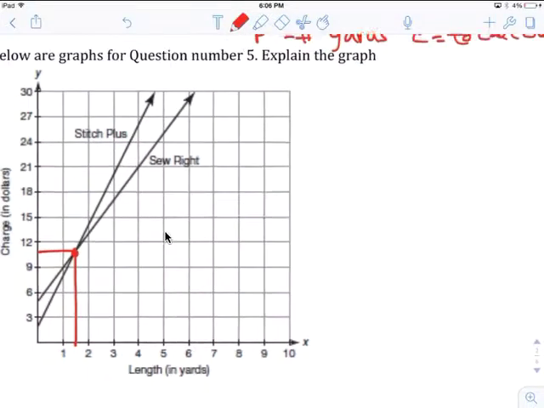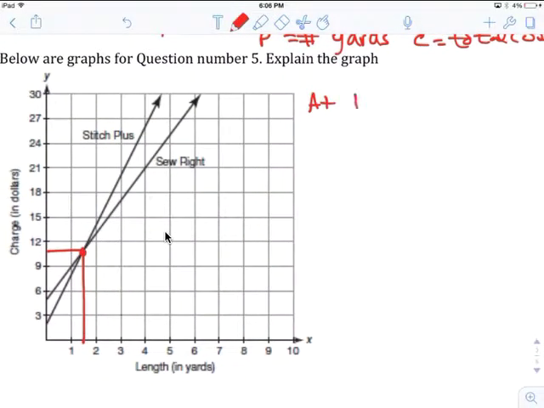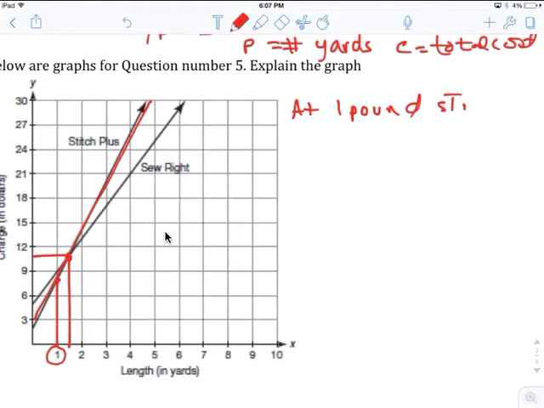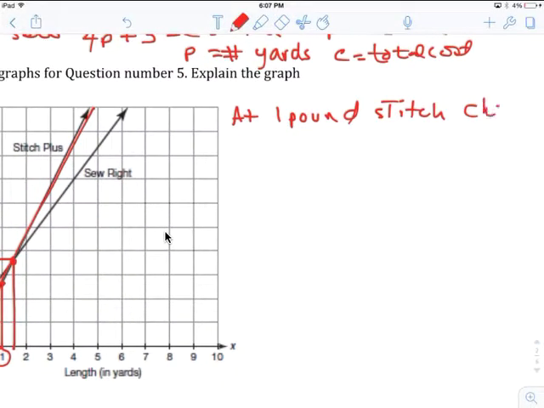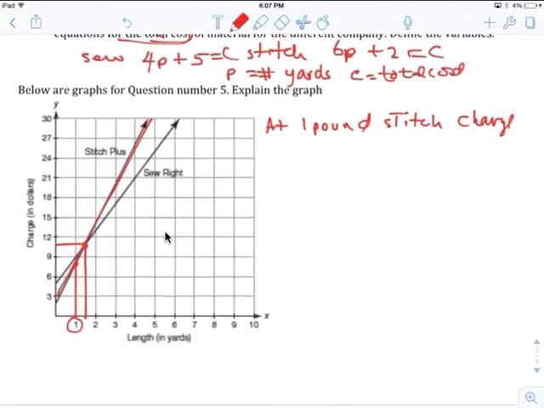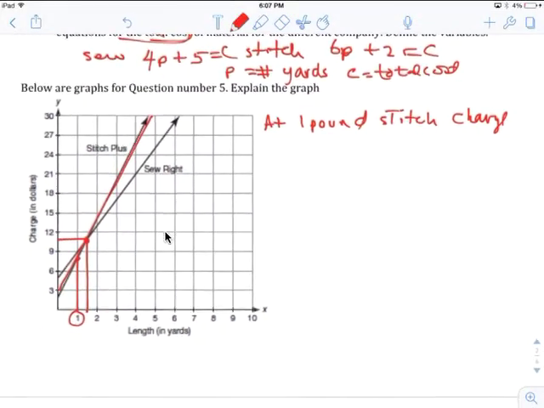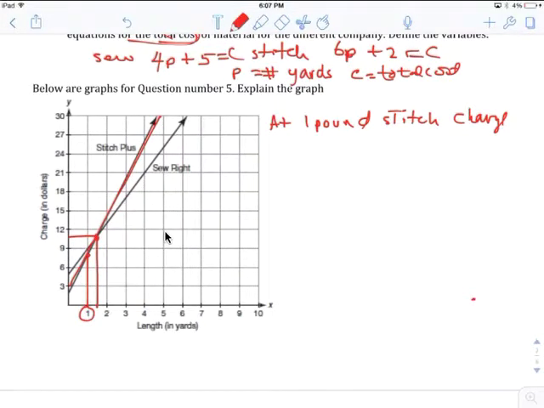We did this in class. So let's say at 1 pound, right here, this line right here, Stitch charges $8, while Sew Right charges $9.